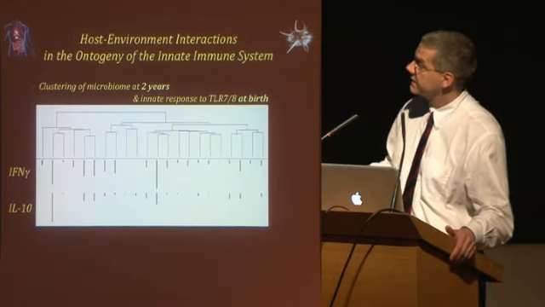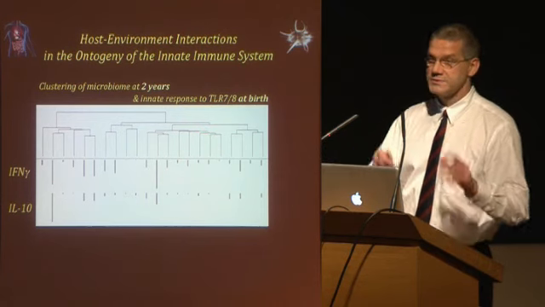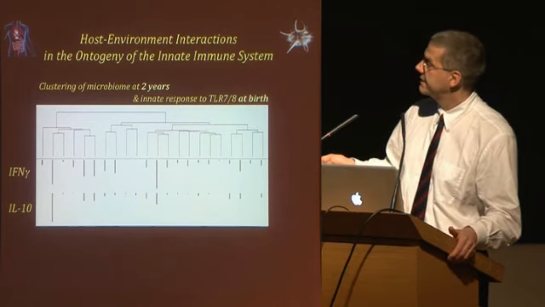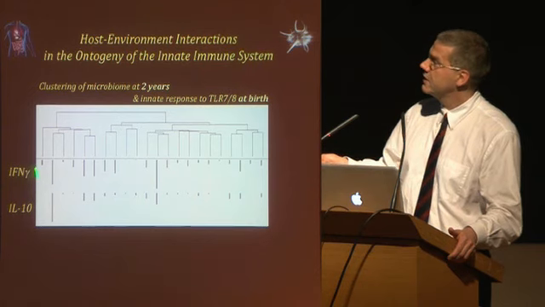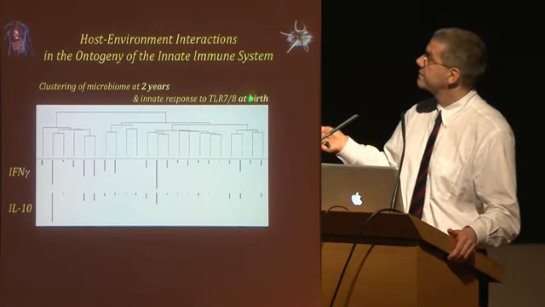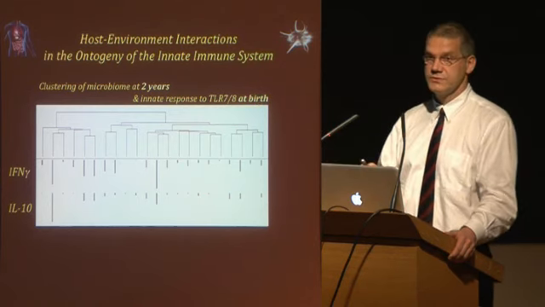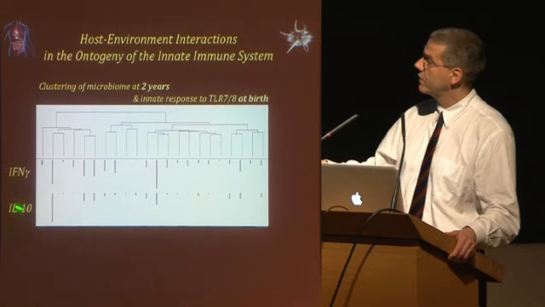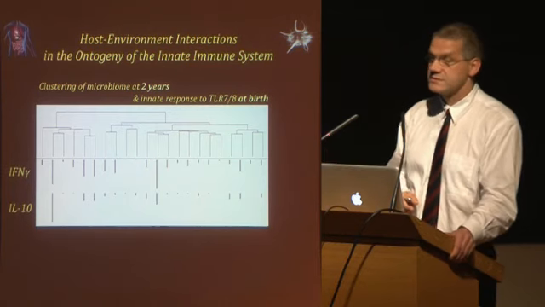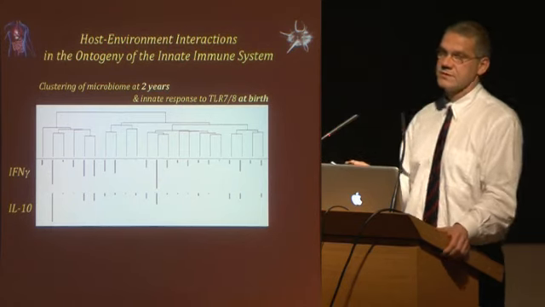If you look at that graphically, so if you cluster all the microbiomes according to family compositions, and that's where Bill would better be able to tell you what that actually means, with how much gamma interferon they made in response to Toll-7/8 stimulation at birth. So these are the microbial families present in the gut at 2 years of age versus how much interferon gamma or IL-10 they make in response to Toll-7/8 stimulation at birth as one of the ligands. You can see that they actually cluster.